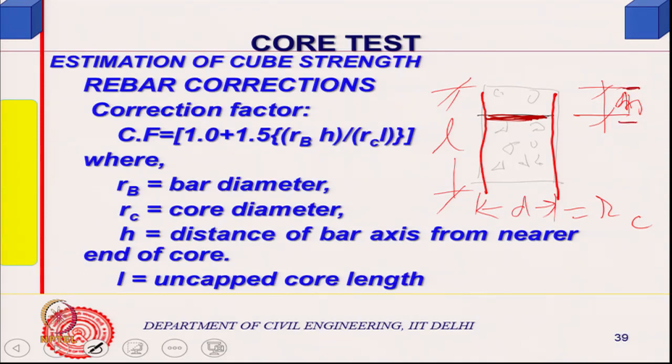Core diameter is D c, bar diameter is D b, and the correction factor is 1.0 plus 1.5 times D b into h divided by D c into L. That is the additional correction factor.